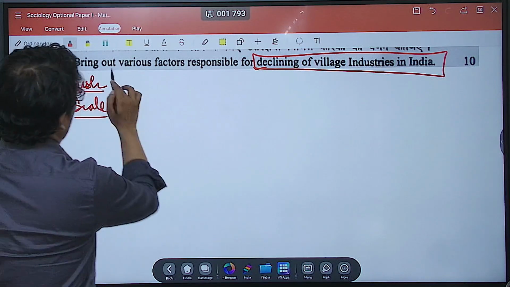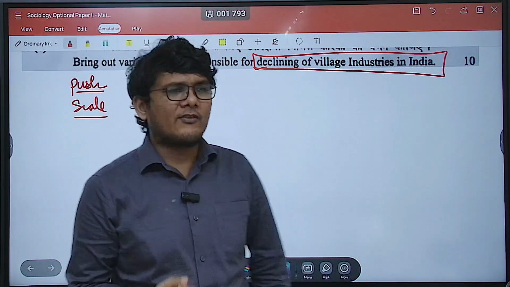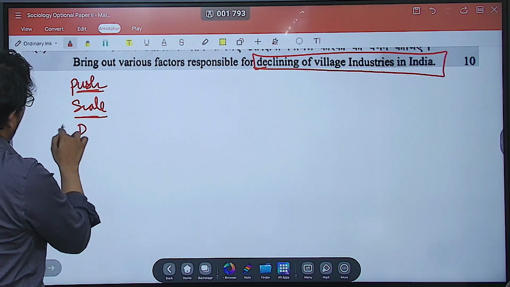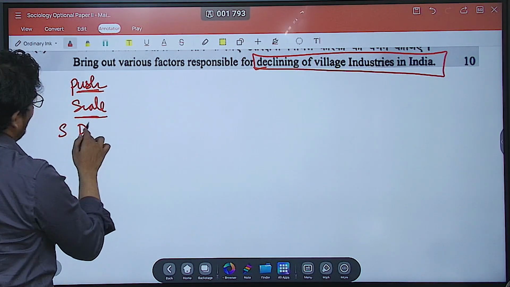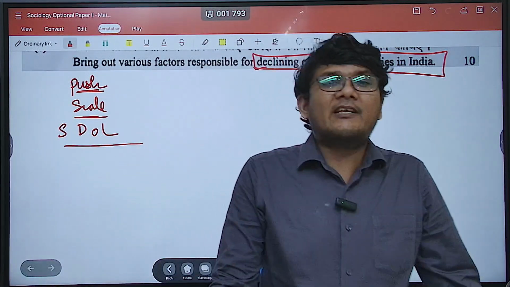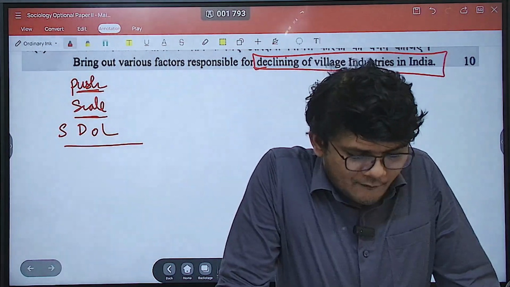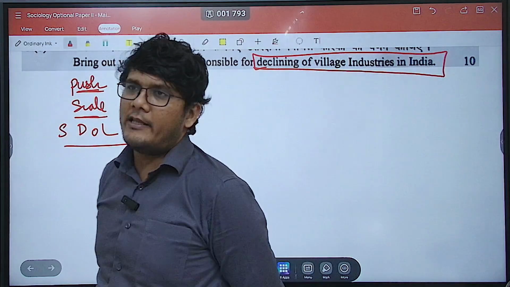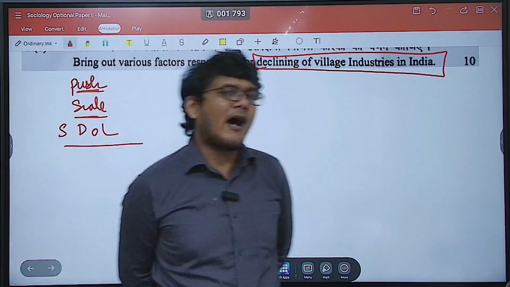At the village level, you will be able to do at a very small scale. There is an issue of sexual division of labor, right? Again, what happens is, in village industries, there is a lot of out migration from village to the urban area, so only the aged, the children, the women are left behind.